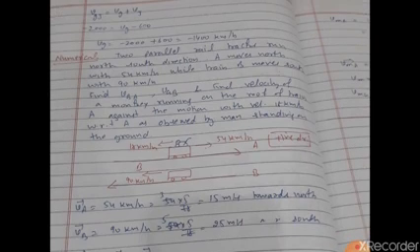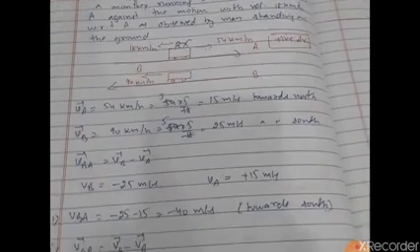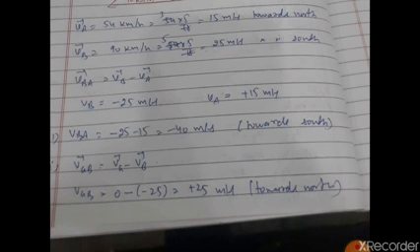The second thing we had to find out was velocity of ground with respect to B. So velocity of ground with respect to B is equal to velocity of G minus velocity of B. So velocity of ground with respect to B is equal to velocity of ground, assumed to be 0, minus VB, which is minus 25.